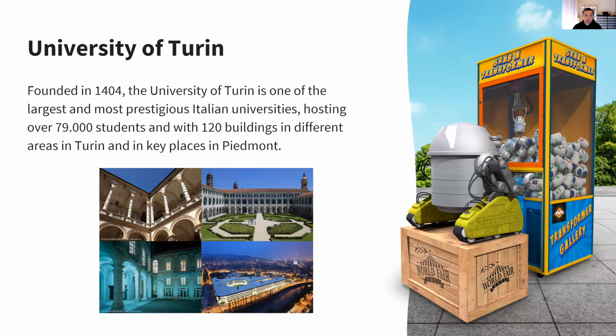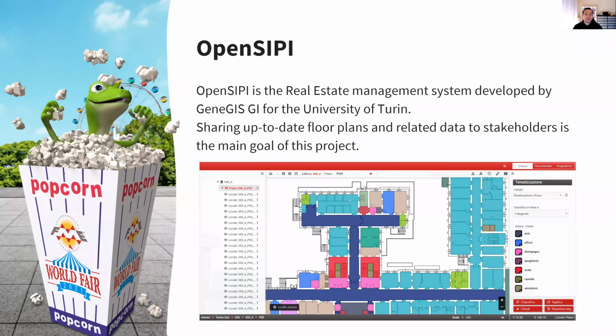The University of Turin is one of the most ancient and prestigious Italian universities, and one of the largest, with more than 100 buildings in Turin and in other key places in Piedmont. OpenCP is the real estate management system developed by Genesis GI for the University of Turin.